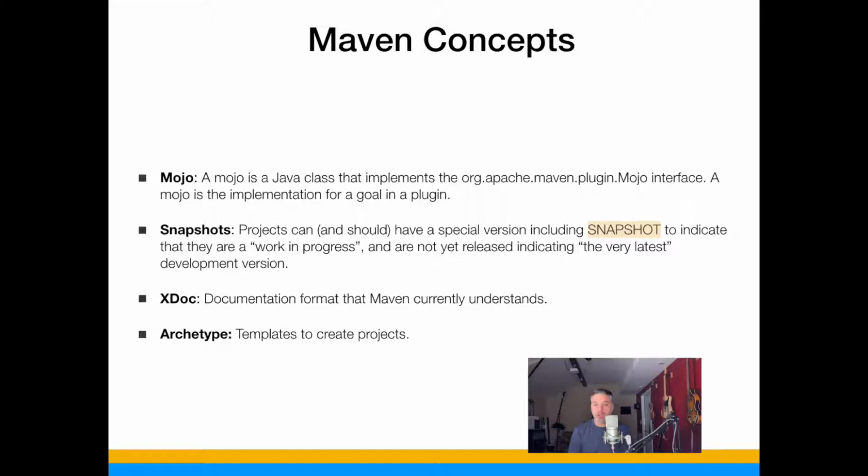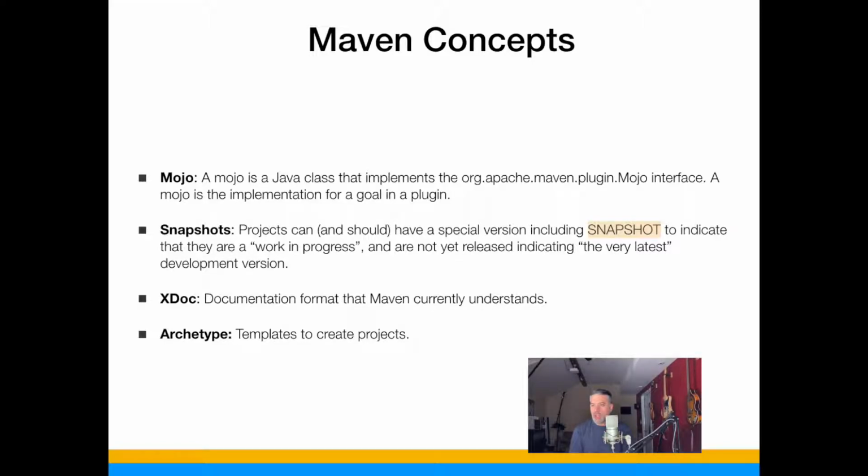A snapshot is just a nomenclature that you can use to say that something is a work in progress and that you are not really releasing it to the public, but it's the very latest development version, and it's a nice practice to have in your artifact ID or even your versions, so that you can communicate with other developers.